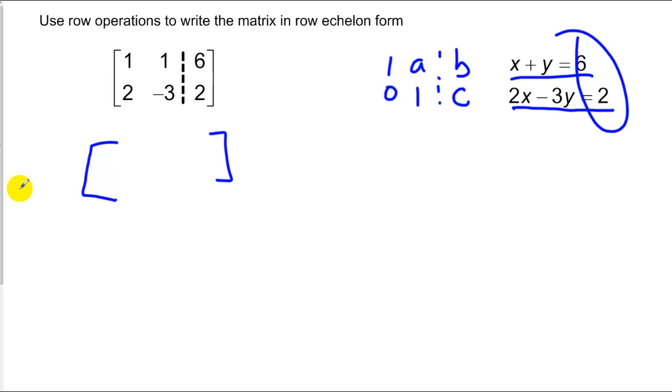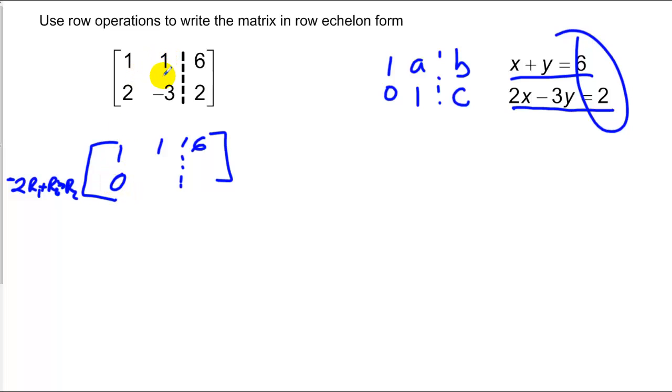So in order to do that, I'm going to take -2 times row 1, add it to row 2, and replace row 2. That's how I write that. In doing that, I multiply this term by -2 and add it to this bottom row. Multiply this by -2, add it to 2, I get 0, which is what I wanted.